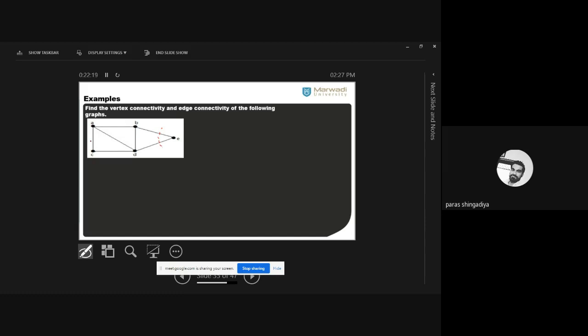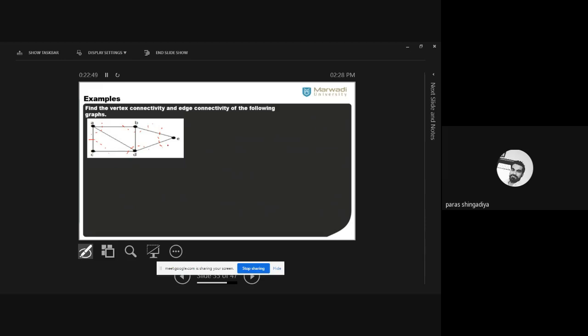If you want to disconnect C, then also 2 edges must be removed. All the other cut sets involve three edges. If you want to disconnect B, D, or A, it requires three or more edges. But if we disconnect E, or C, from the rest of the graph, it requires only two edges to make the graph disconnected. If we make a list, then only two edges will be defined.